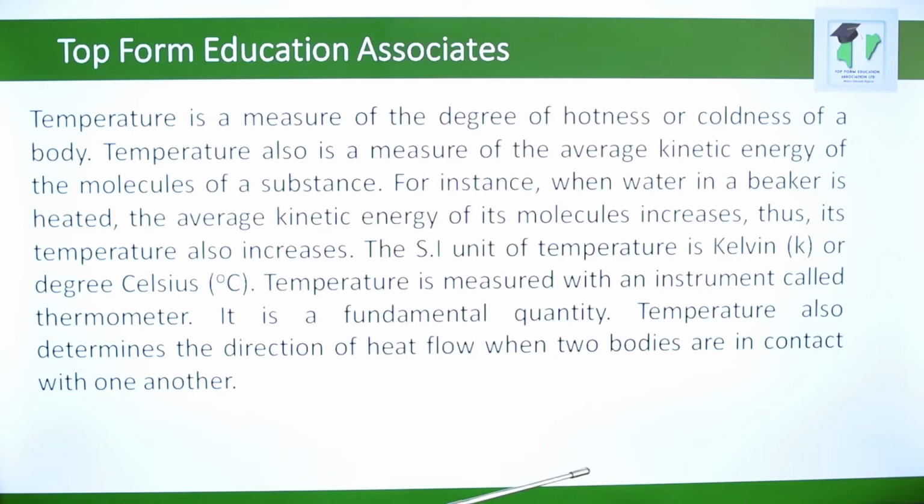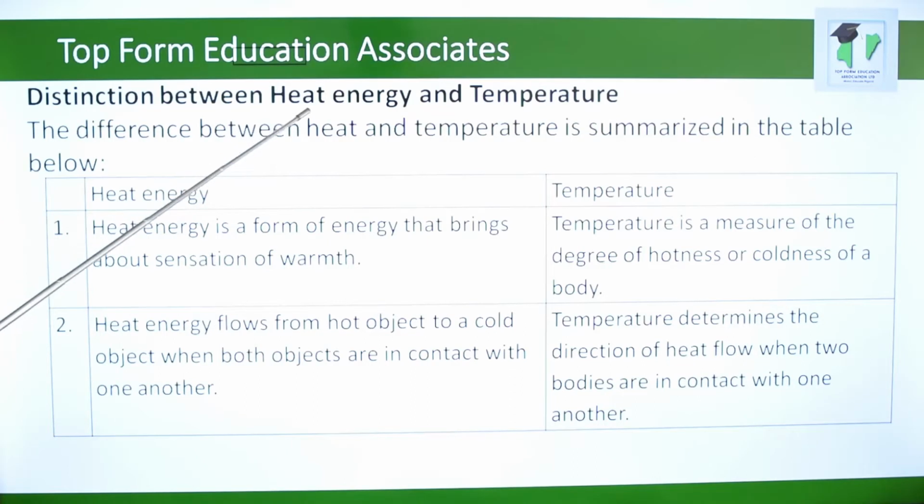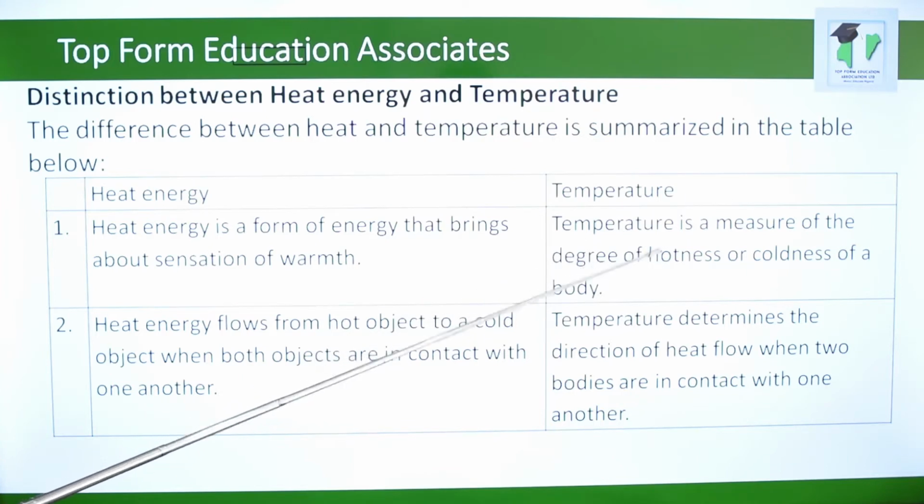So temperature determines the direction of heat flow when two bodies are in contact with one another. Distinction between heat energy and temperature. We want to see the differences between heat energy and temperature. It's been summarized in the table below. Number one, heat energy is a form of energy that brings about the sensation of warmth, that is, the feeling of warmth, while temperature is a measure of the degree of hotness or coldness of a body.